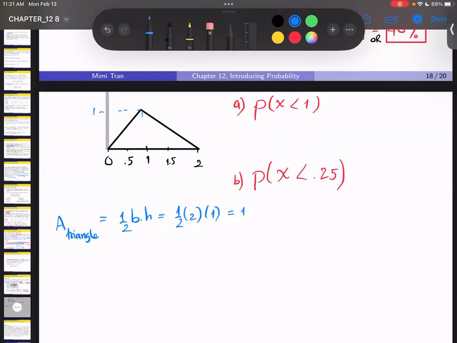I'll give you guys 5 minutes or 10 minutes to work on this. Anybody have an answer for part B?